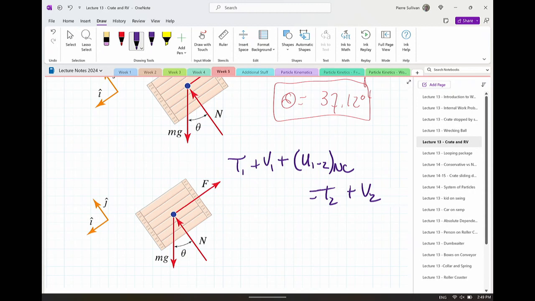Same thing as before, I have my conservation of energy equation, and as I write that conservation of energy equation, I'm going to separate out the potential energies and the non-conservative forces.